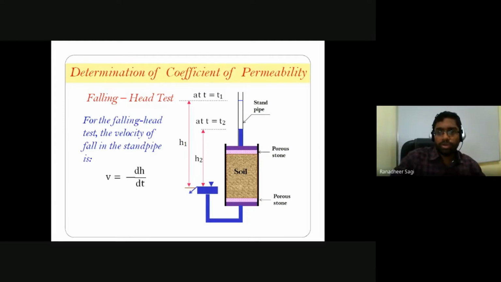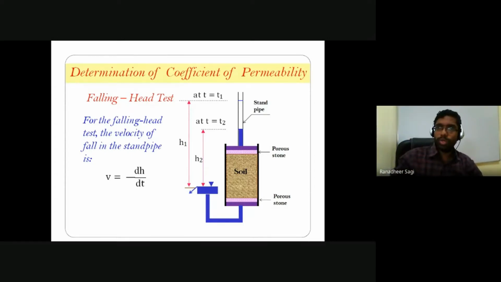Only water particles are allowed to pass through the filter paper, so those water particles get seeped through the small openings available in your porous stone. From those openings, water will be getting drained out onto the downstream side.